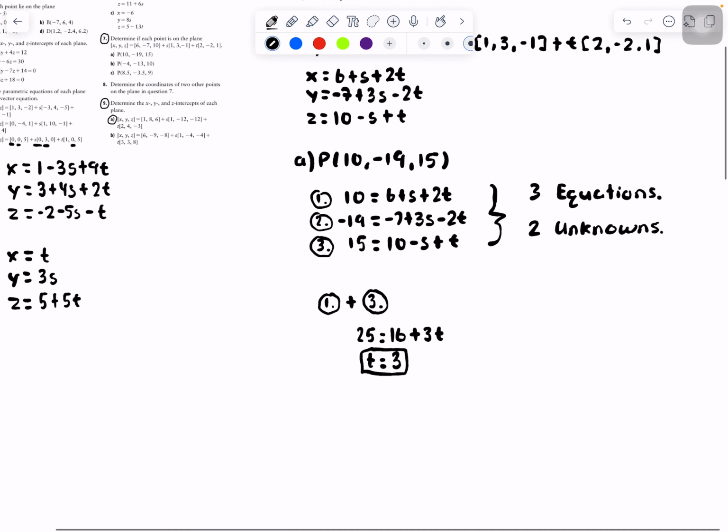Now I have to substitute it into either 1 or 3. I've reduced my problem to only working with equations 1 and 3.